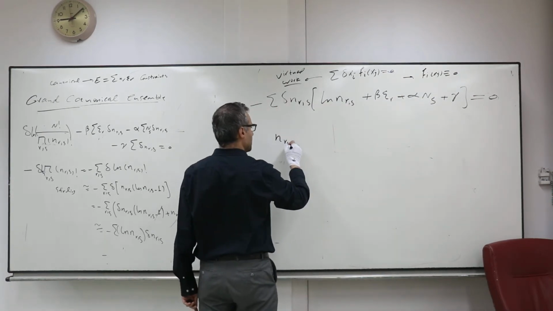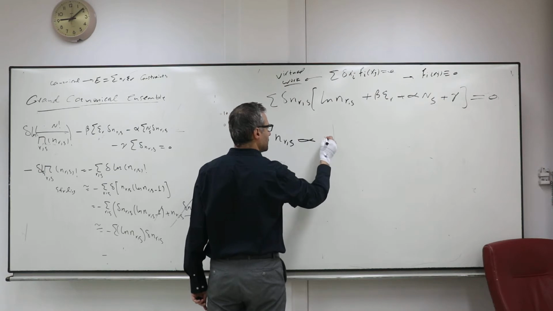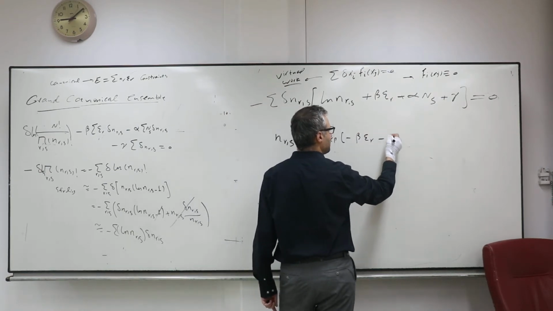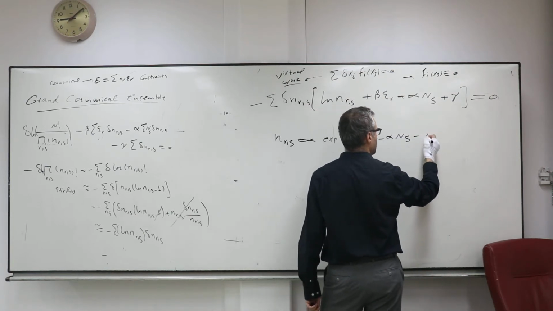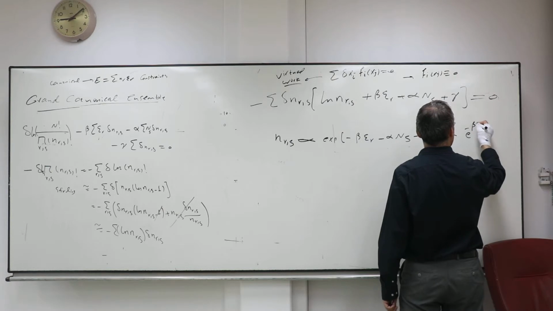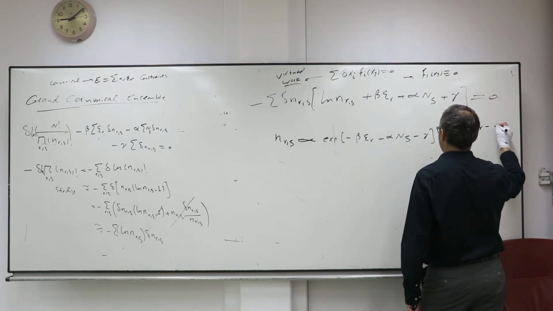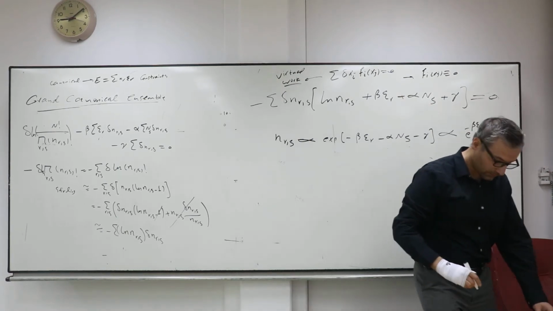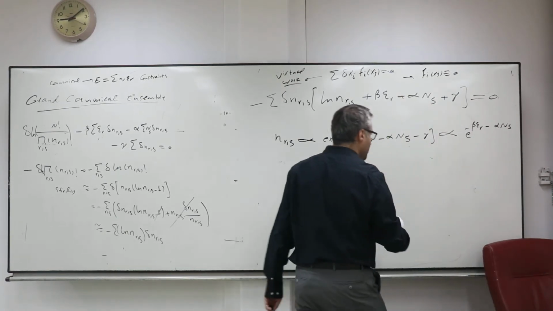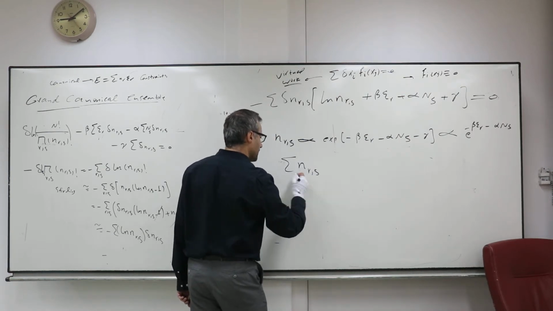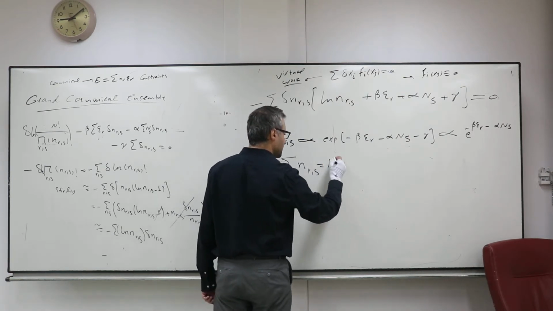So n rs will be proportional to exponential minus beta er minus 1. This is proportional to, and the probability, this is the n rs. We know that the sigma n rs will be total n.